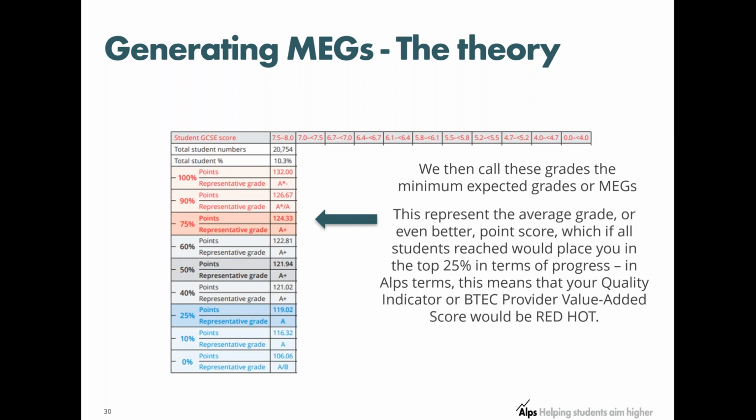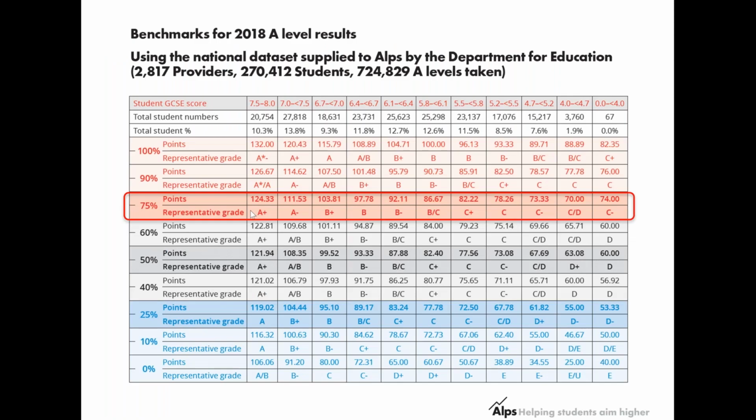You can see across there the MEGs for each different prior attainment band for your students. Depending on what category they were in, if everybody got that, ding, you are quality indicator, all entries in, red hot. I hope that makes sense.